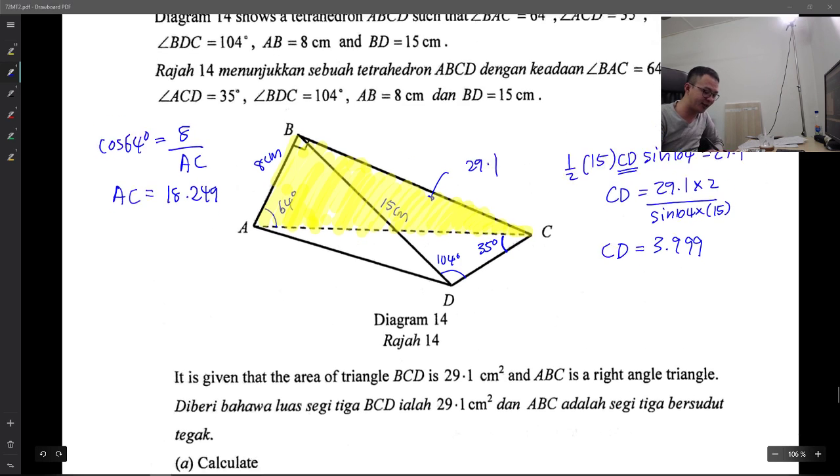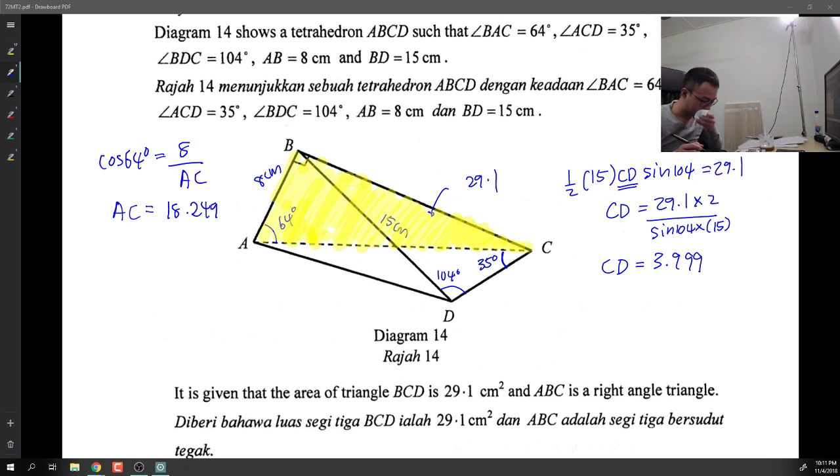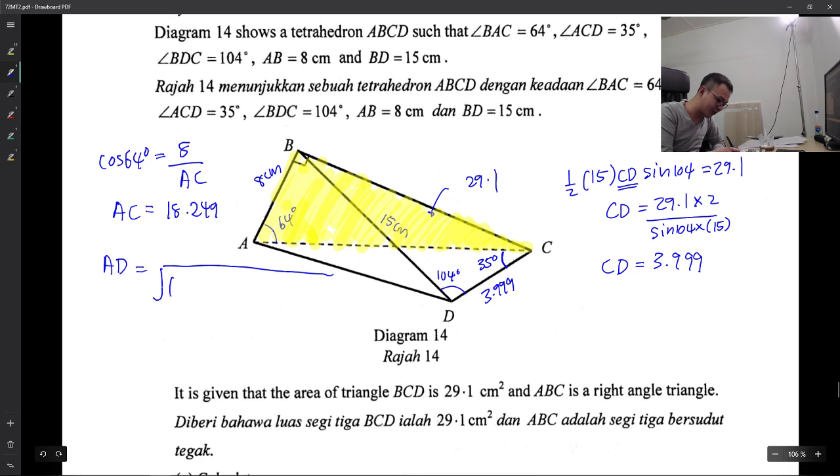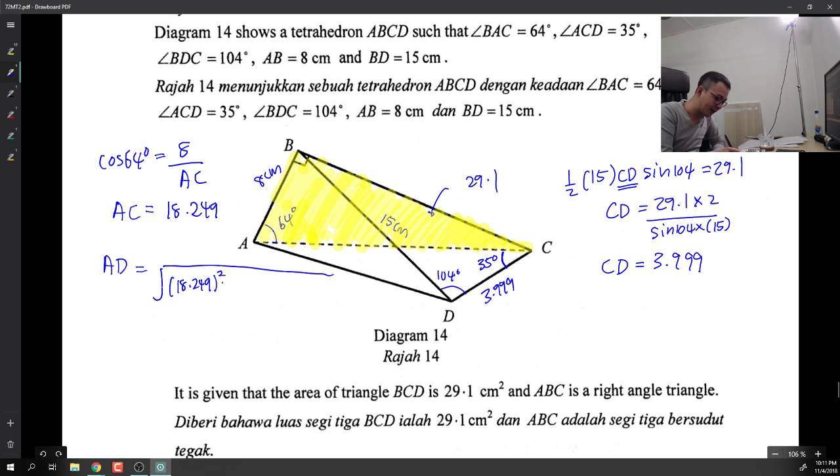Then to find AD, I can use the cosine rule. Since I have AC and I have CD, which is 3.999, I can find AD easily. The cosine rule is very long, so I'm going to write it out: 18.249 squared plus 3.999 squared minus 2 times 18.249 times 3.999 times cos 35.